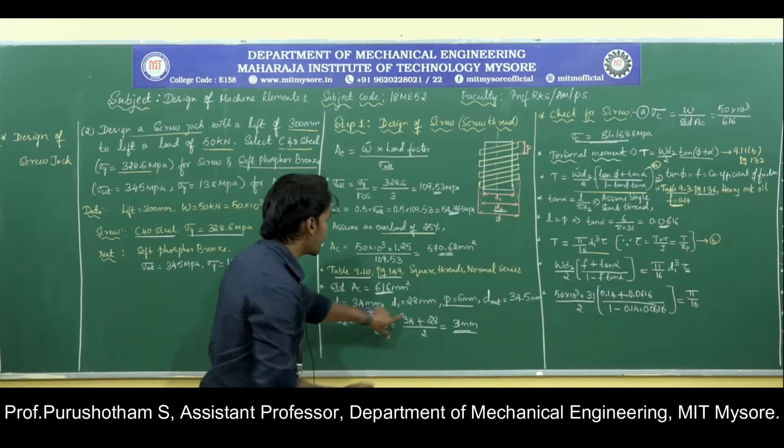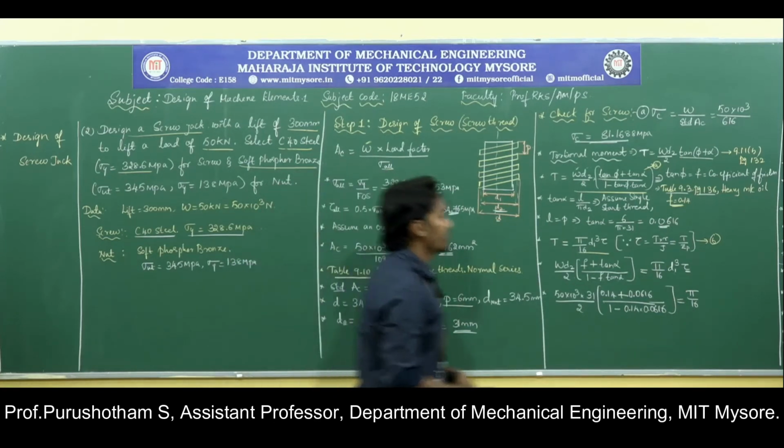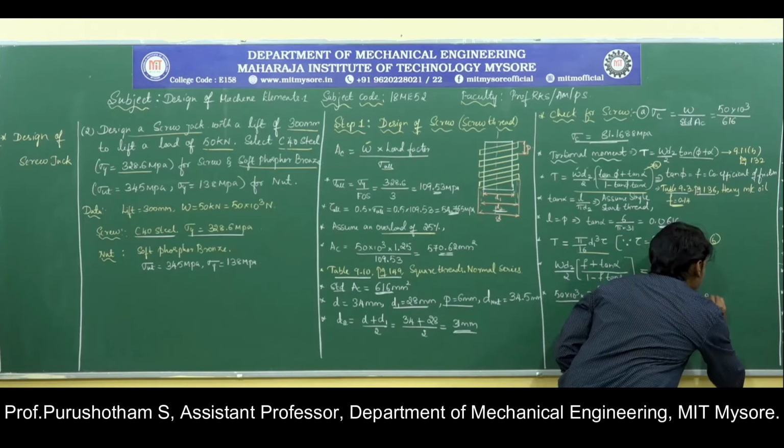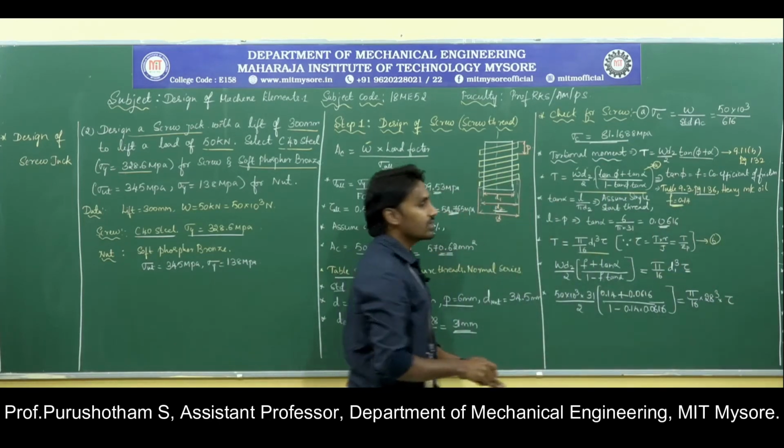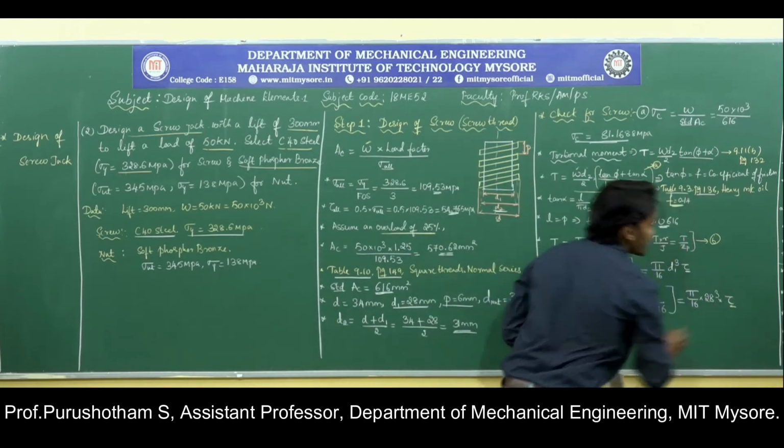D1 is the minor dia, that is 28 mm, that is 28 cube into shear stress. In the whole equation, the only unknown thing is the shear stress.